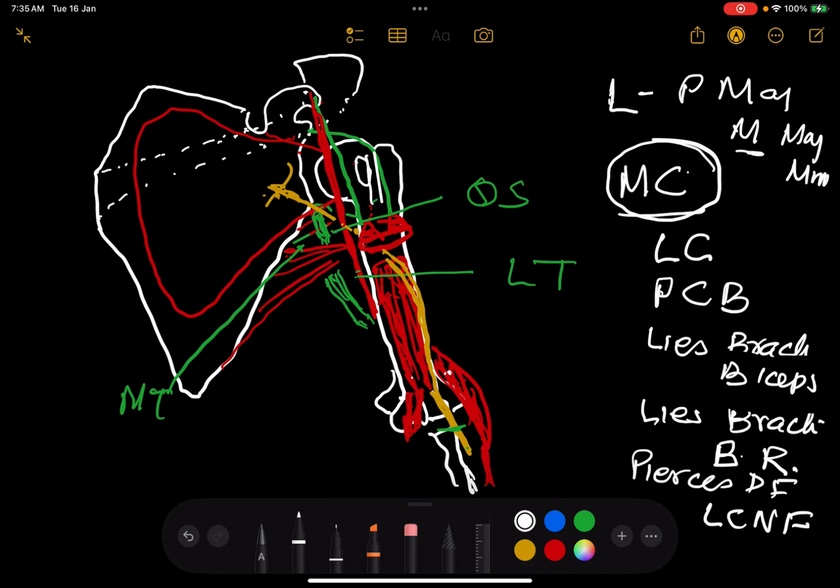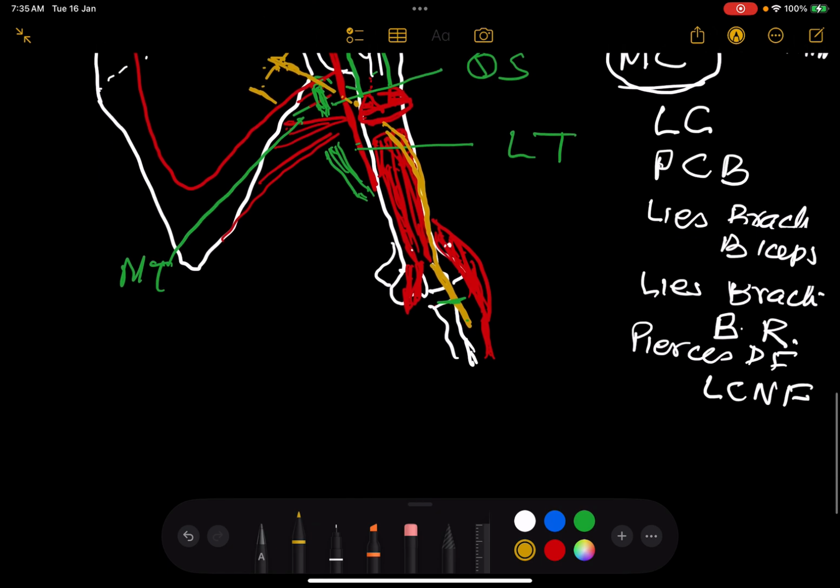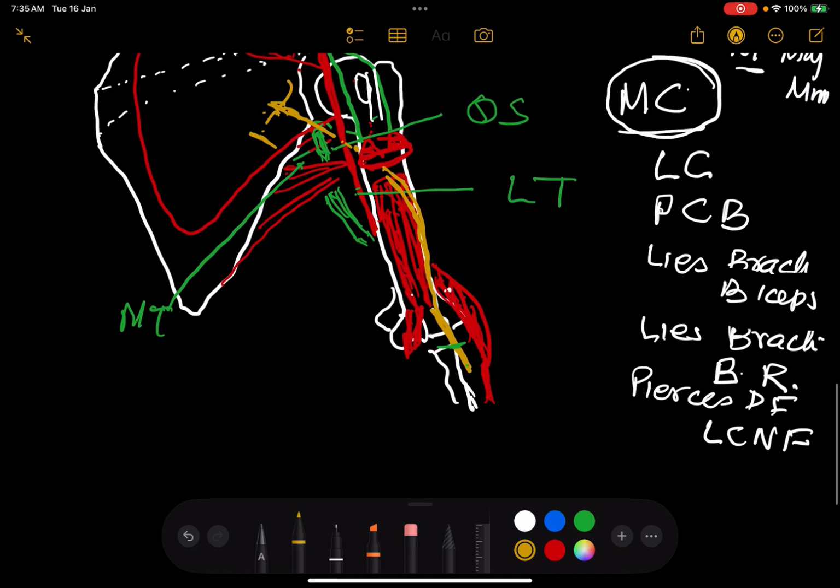Then the medial cord. The medial cord continues as the ulnar. But it also gives the medial cutaneous nerve of arm and forearm, which pass into the arm, pierce the deep fascia near the elbow and become the medial cutaneous nerve of arm and forearm.